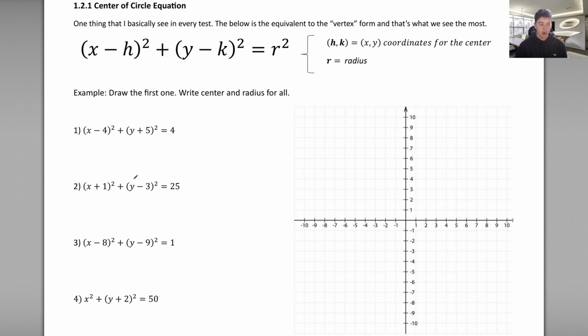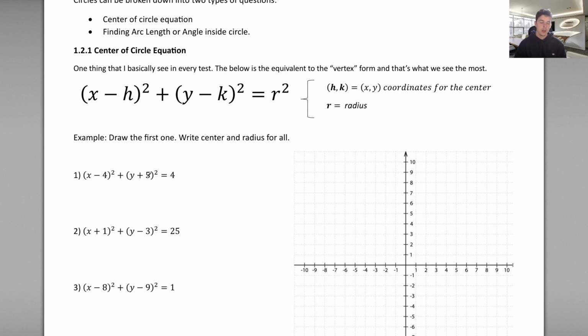Let's see some examples here. 1 through 4 are just center of circle formulas, and let's write down the center and the radius for all of them. So the center for the first one is 4, negative 5. Notice, since it's a negative in the formula, our center is going to be at a positive x.